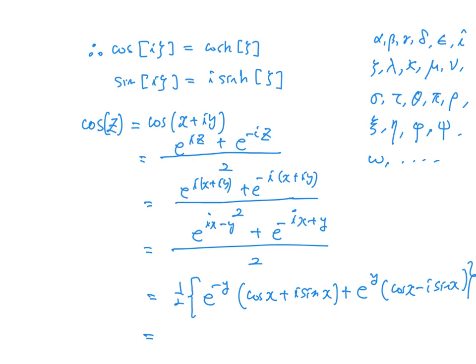So let's put them together. Cosine x times one-half of exponential y plus exponential minus y, right? Plus i sine x times one-half of exponential minus y minus exponential y.